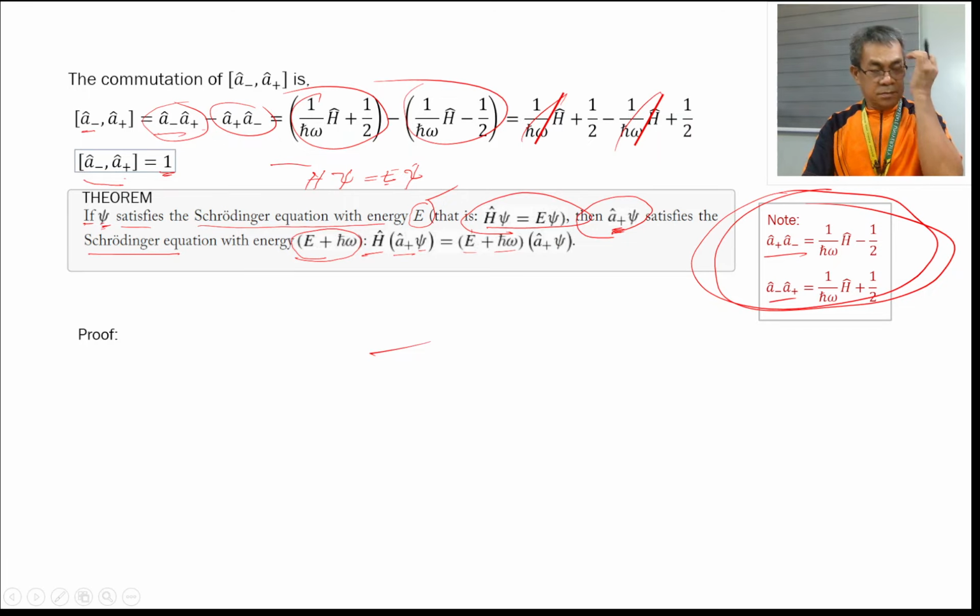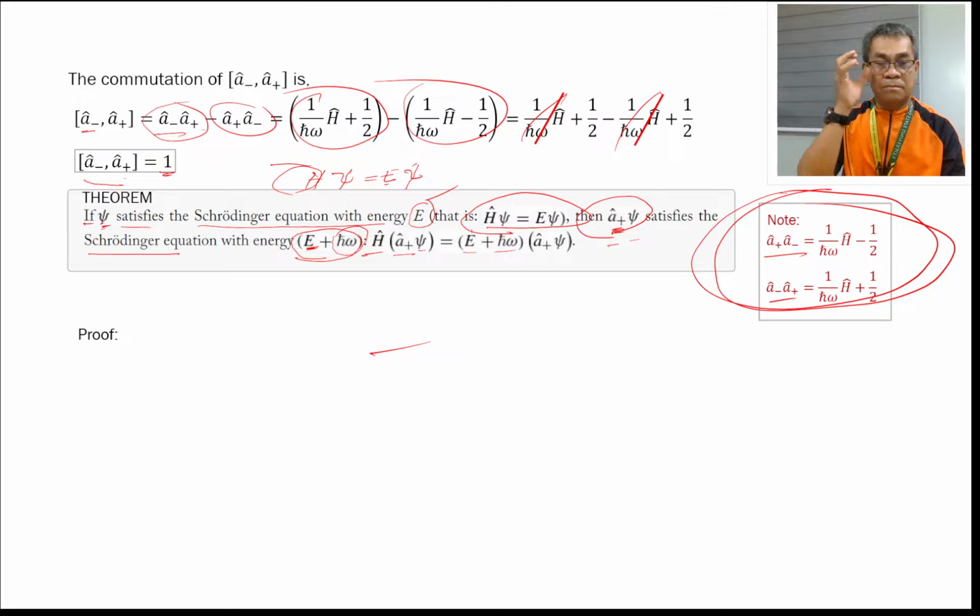So something happens when we let the operator act on psi, and it comes up with h bar omega added to the energy level of the Hamiltonian that was previously known.